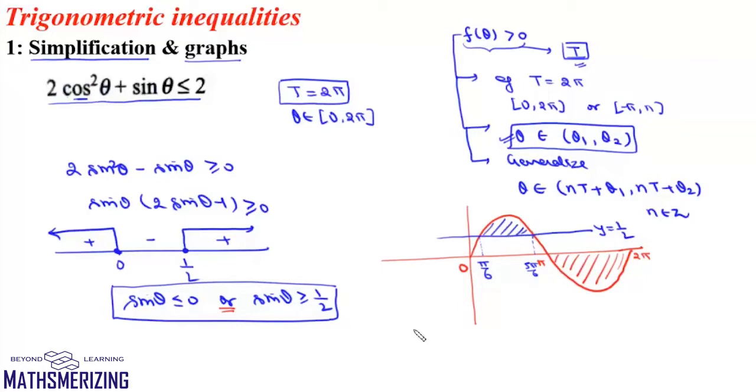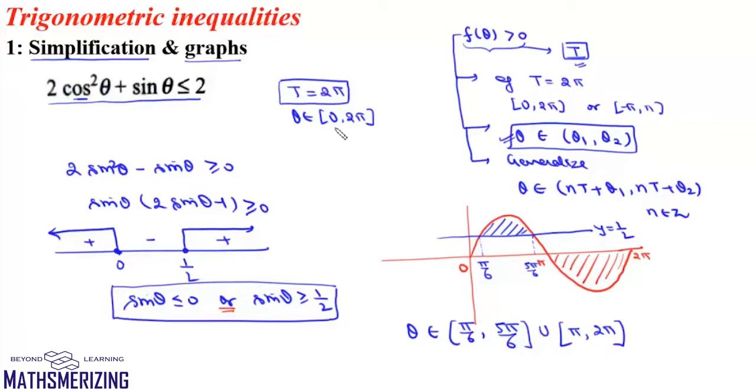We can write this solution as theta belongs to, since we have the equality sign here, pi by 6 to 5 pi by 6 union pi to 2 pi. That is the solution of this inequality in the interval from 0 to 2 pi.